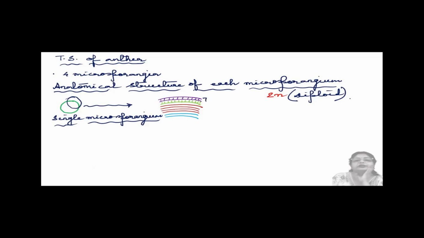This color shows the first layer, the first wall, that we say epidermis. This we say endothecium. This middle layer, and this is the tapetum.